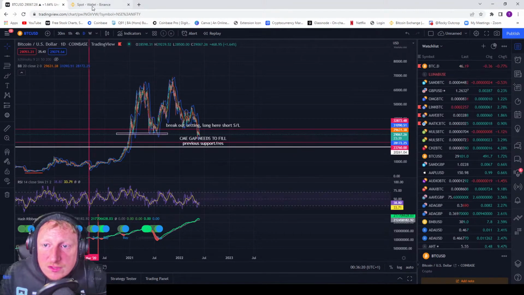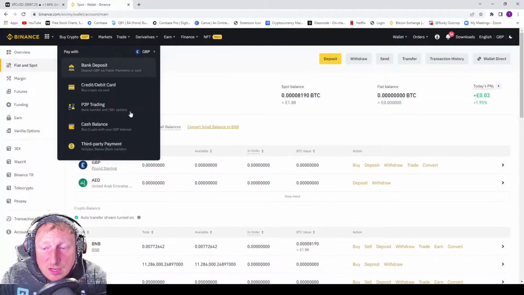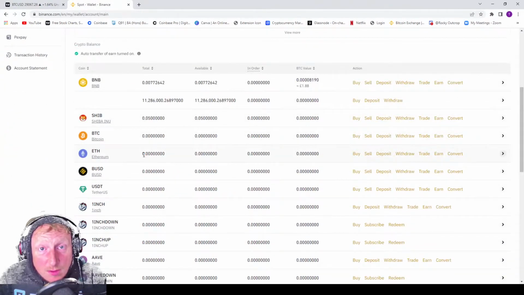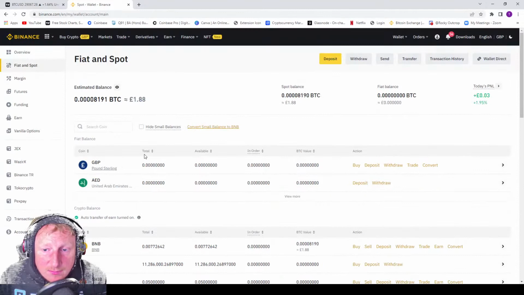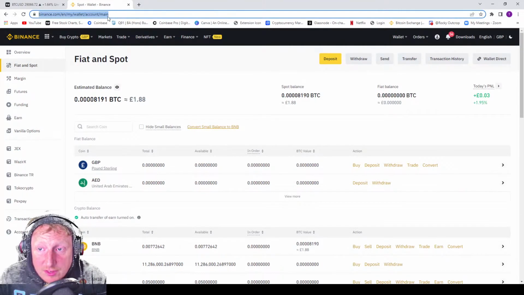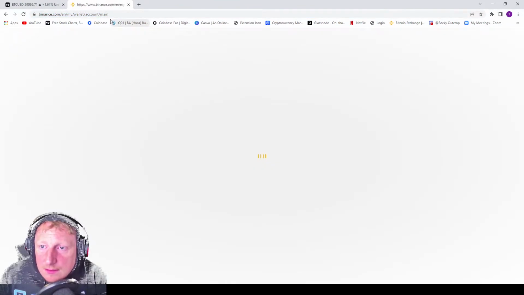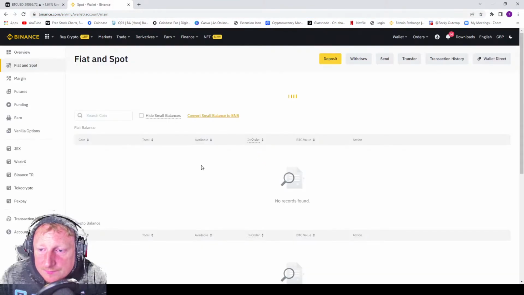Yeah, so for those of you that are on now that weren't on earlier, I was just showing you guys that with regards to my account on Binance, my Luna has gone. It's disappeared. Let me refresh this. Let's see if they've sorted it out yet.